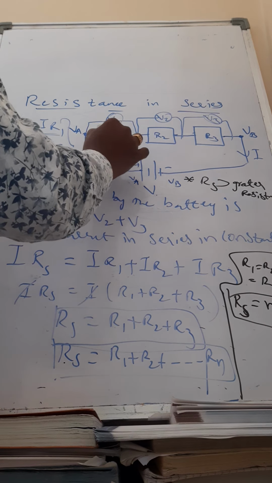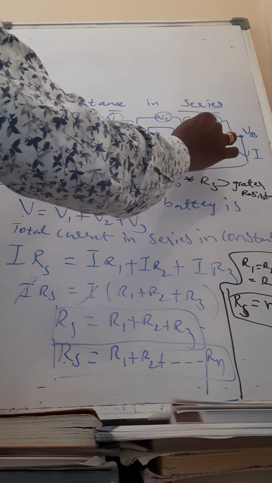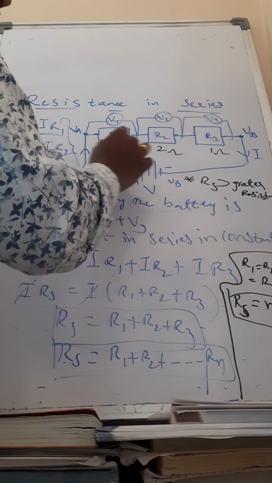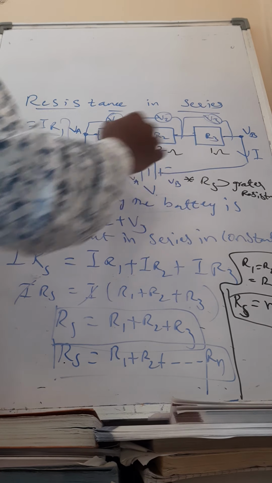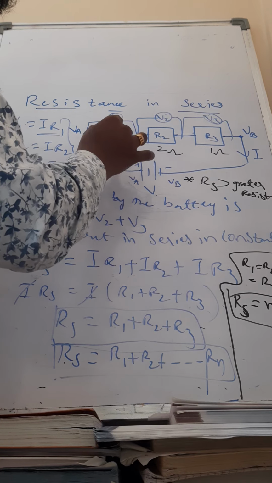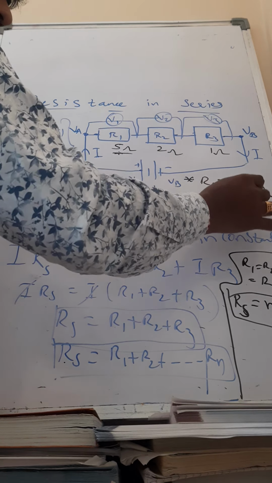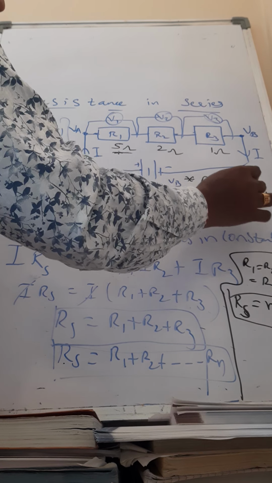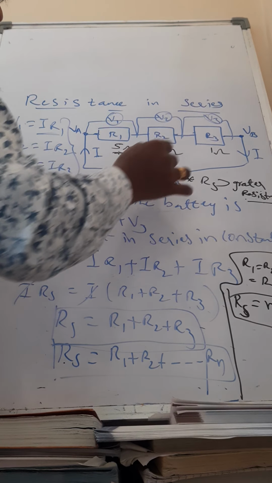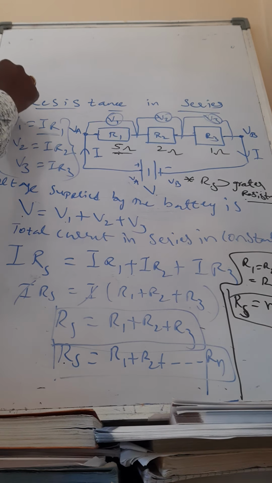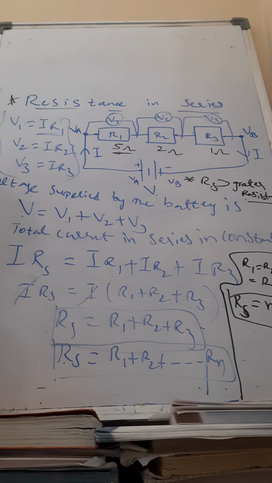Say this is 5 ohms, this is 2 ohms, this is 1 ohm. Since you get the sum of all these, the result must be greater than 5 ohms, the greatest resistance. So the equivalent resistance is always greater in the series combination. This is the resistance in series combination.